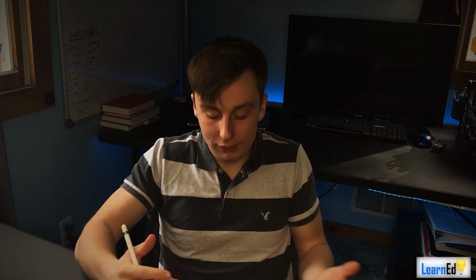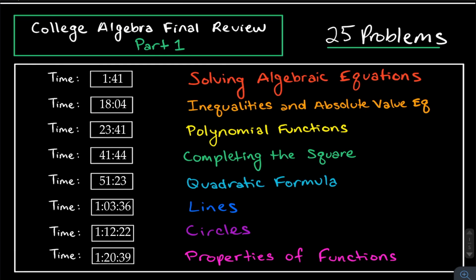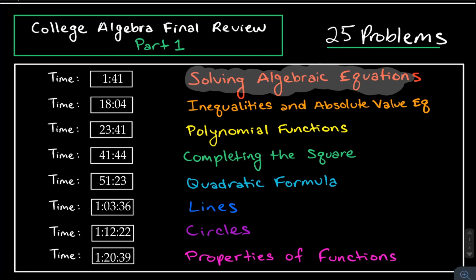Now, let's get into the topics that we're going to be doing in this video. The topics are mainly going to be a combination of Algebra 1 and Algebra 2, right? We'll start off with the more Algebra 1 stuff with solving algebraic equations. These are essential to being able to do a lot of the stuff that is covered in college algebra.